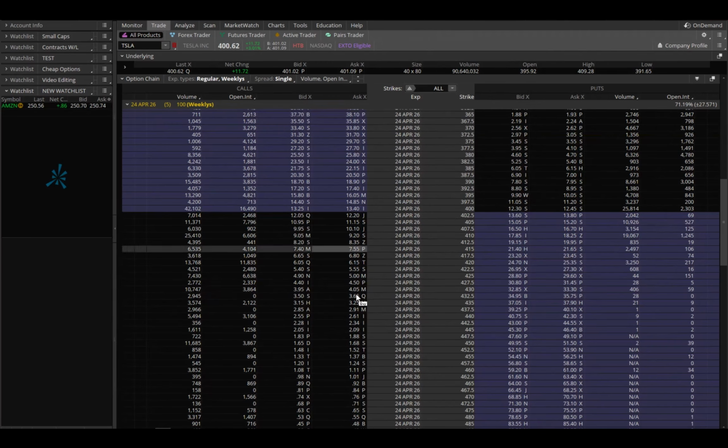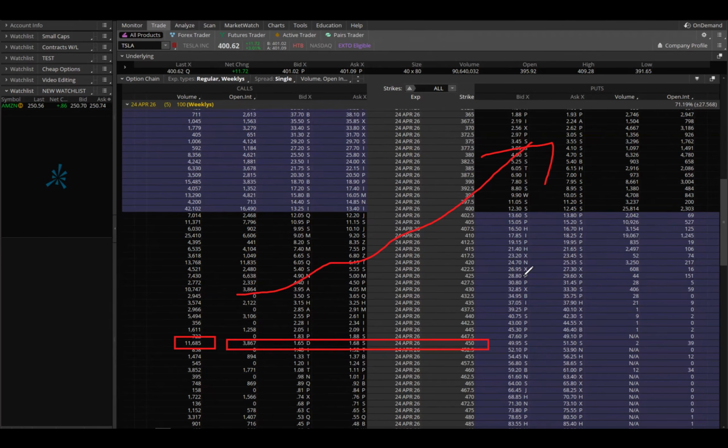Now, again, what you don't want to do is get too far detached. You're going to look at some of this one day and say, well, there's 11,000 all the way here and this one's super cheap. Why wouldn't I buy a 450? Well, again, you're betting within 5 days' time that Tesla's going to rip up 15 points for pretty much 4 or 5 days straight with no turbulence to the downside. I don't know if that's going to happen.